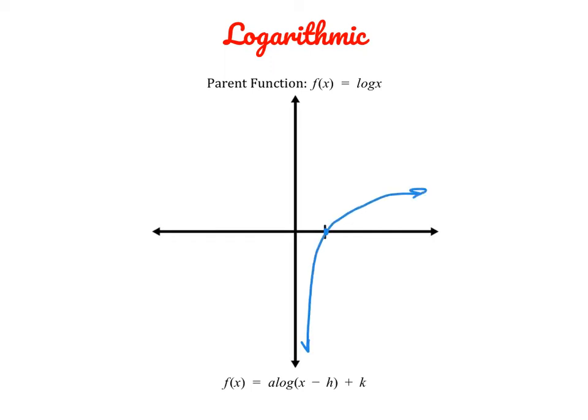This is going to be the general shape, and it's going to have a vertical asymptote now at x equals 0. So I always recommend, if I'm graphing a logarithmic equation, actually rewriting it as an exponential equation, creating a t-chart, and then swapping the x and y values. I think that's usually the easiest way, because it can often be difficult to make a t-chart for a logarithmic equation unless you're using a calculator.